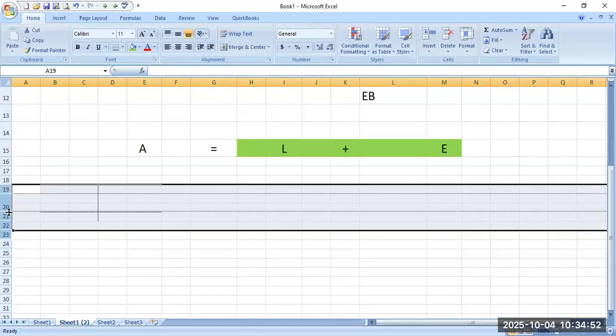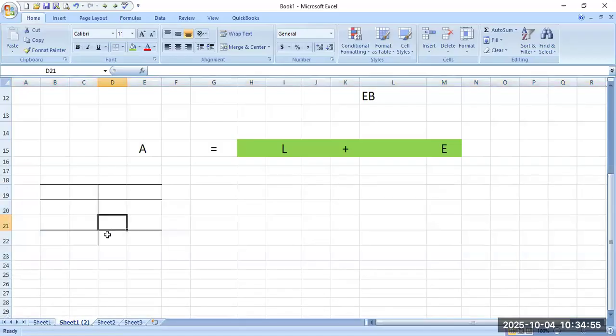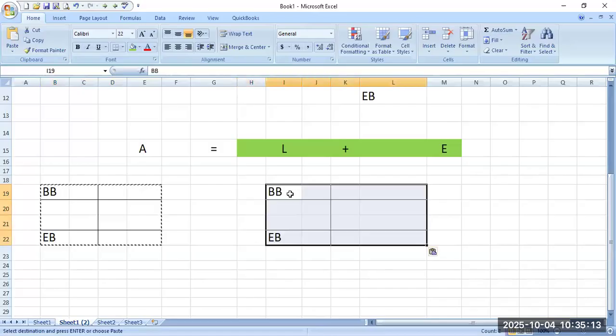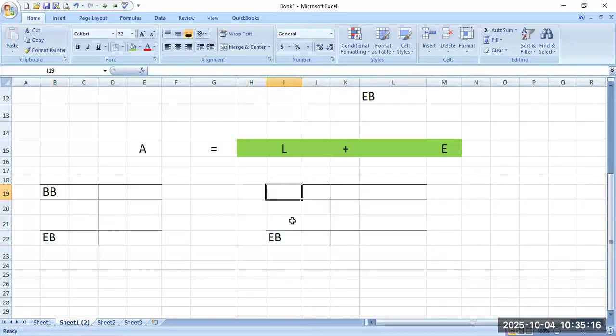So under the assets, we're going to have the T account. That's going to start with a beginning balance, and we're going to have an ending balance. Let's increase those a little bit bigger to see that clearly. And then on the other side, we're going to have T accounts as well, right? But what's interesting here? For the liability and equity, our beginning balance and ending balance will be on the other side.